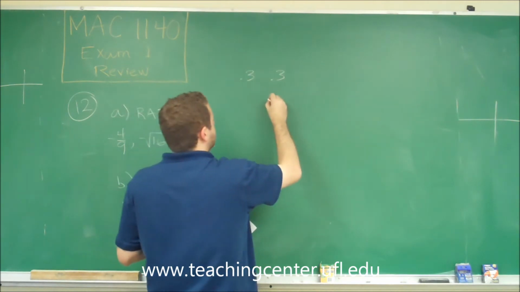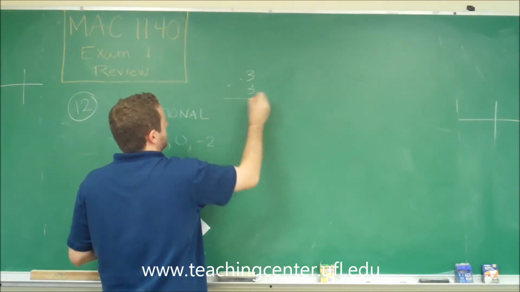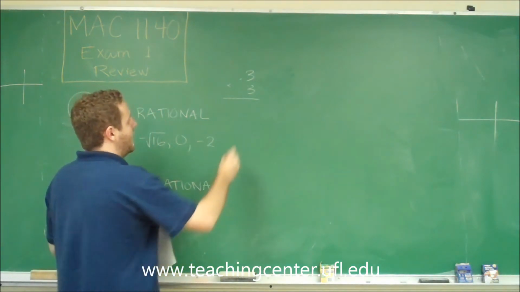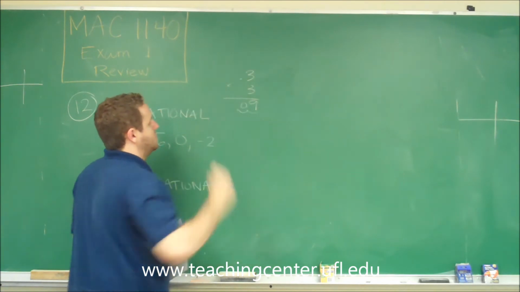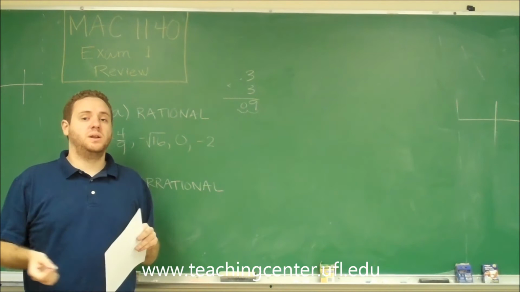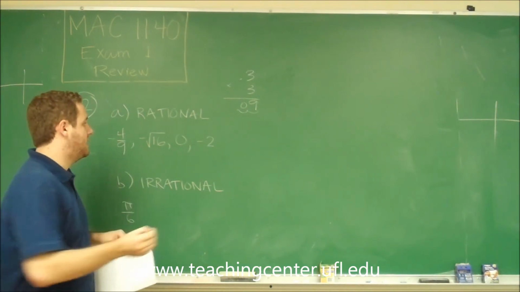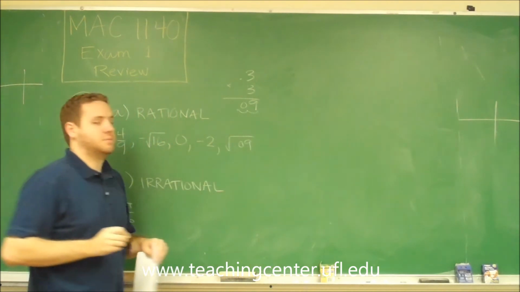So that would be, if you want to think about it in terms of one on top of each other multiplication like this, you would have 9 and you have 2 decimal places, so you do get 0.09. So radical 0.09 is just 0.3. 0.3 is 3 over 10, therefore this is definitely a rational number.